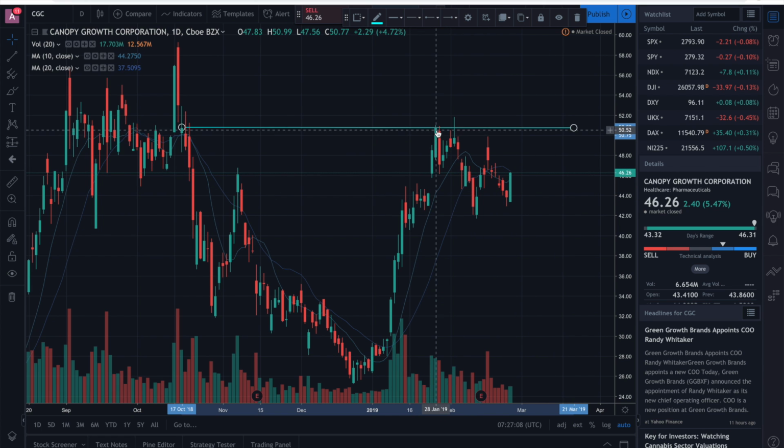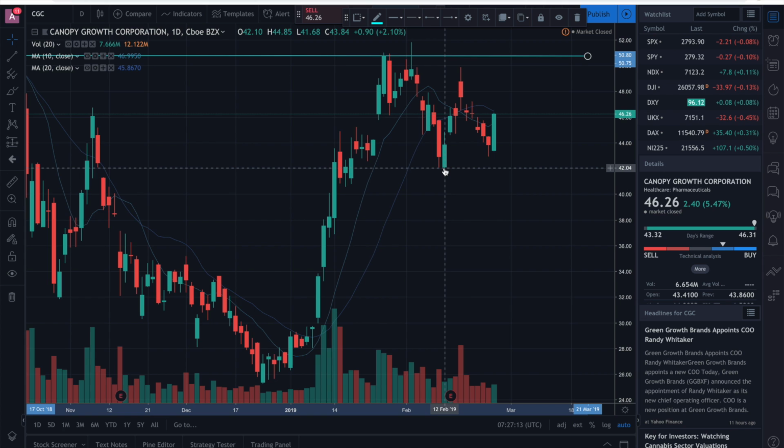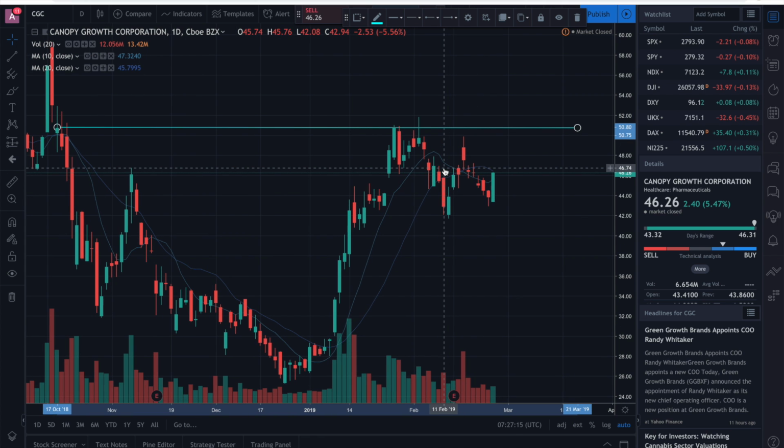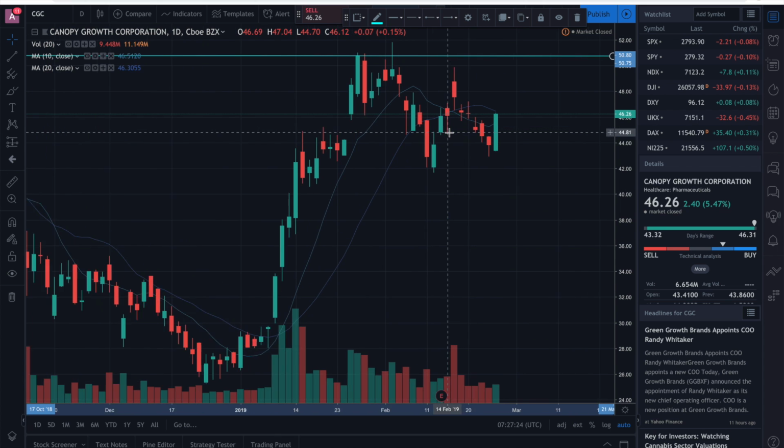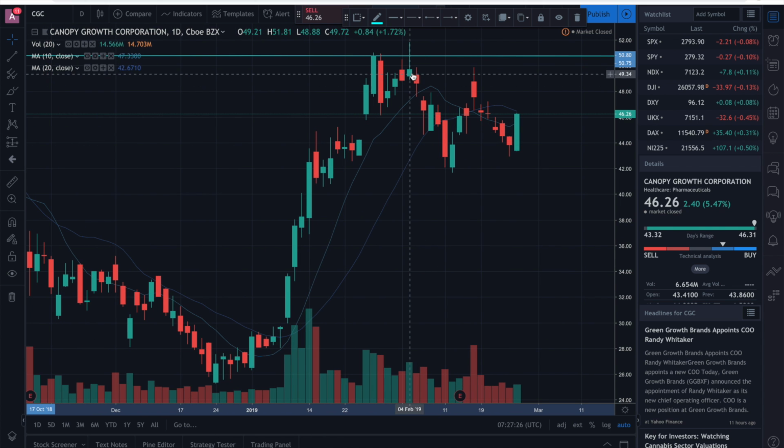Now that we have this resistance line in place, we want to look for other key things I look at when confirming it, and that would be this green candle right over here. When the stock opened on this very day, at the bottom of the candle body, it pushed all the way up to a high of 51.81, and that's at the top of the screen where it says OHLC.